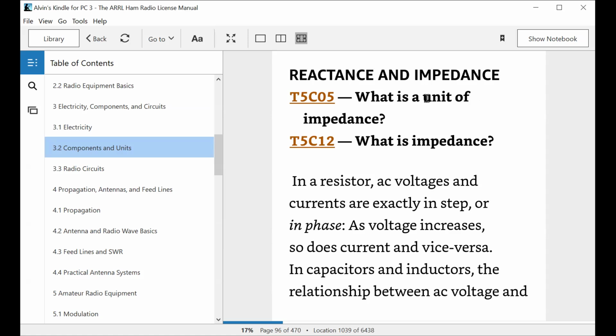As I said, the inductor is going to resist the flow of alternating current. Actually, both the inductor and the capacitor will resist the flow of radio frequency current or audio frequency current.